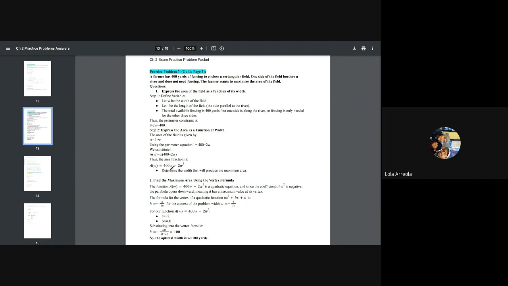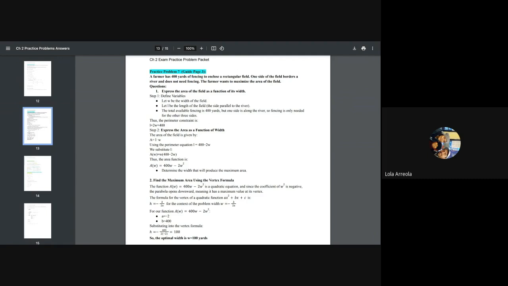All right, and that makes sense. Why does it make sense? Because again, how many yards of perimeter do I have? 200. That's for the problem I just made up, because on the practice packet I accidentally started off with 200 instead of 400 because I misread the problem. But we're going to continue with this logic. I changed the problem a little bit in this example.